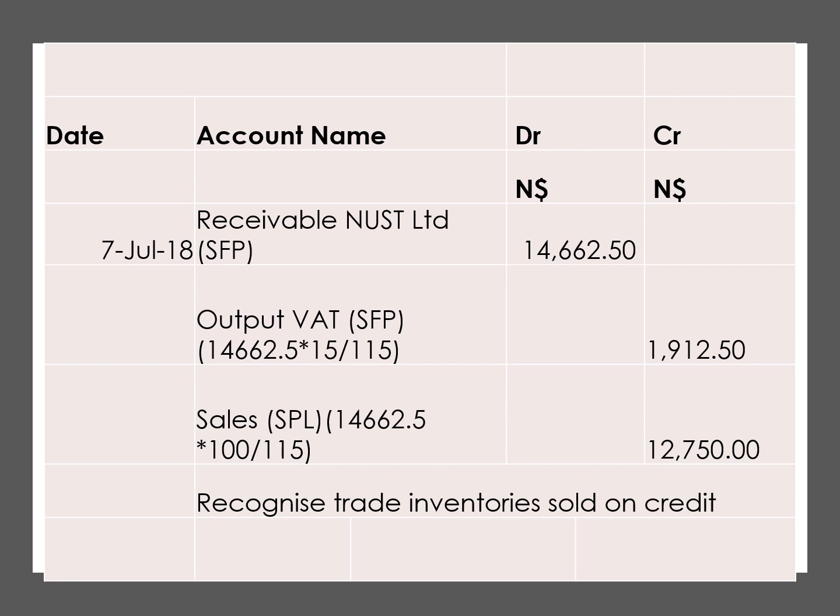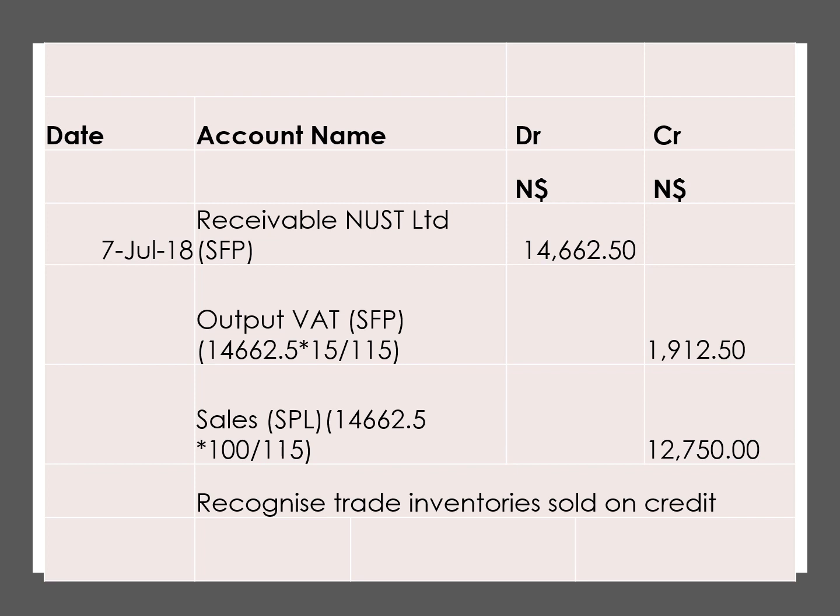The journal entry to record the sales transaction on 7 July 2018 is to debit the receivable NAST Ltd with the full settlement amount that FAC will receive, the amount of 14,662.5. We're going to credit output VAT with an amount of 1,912.5.